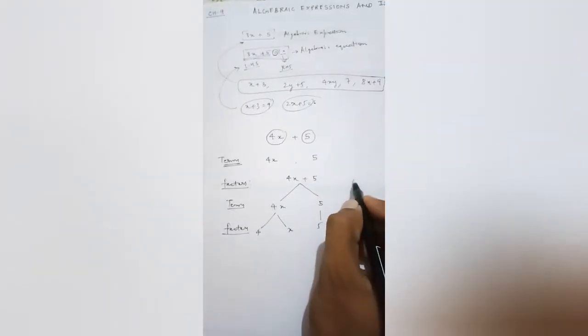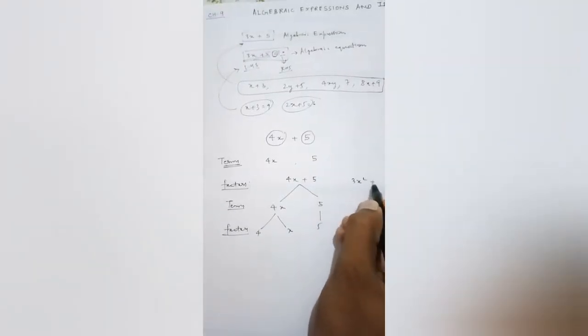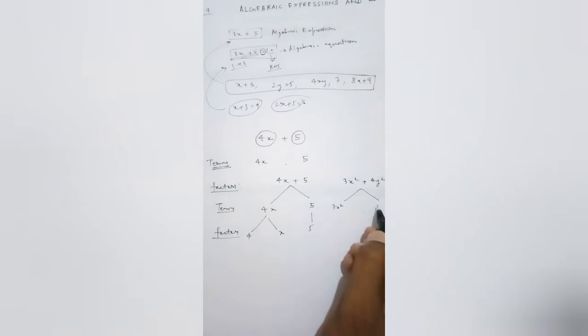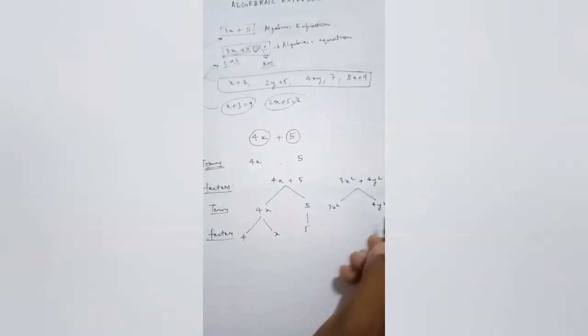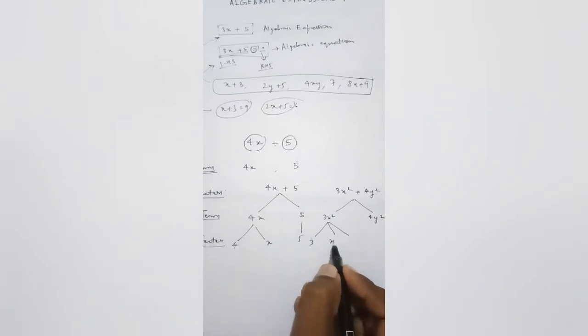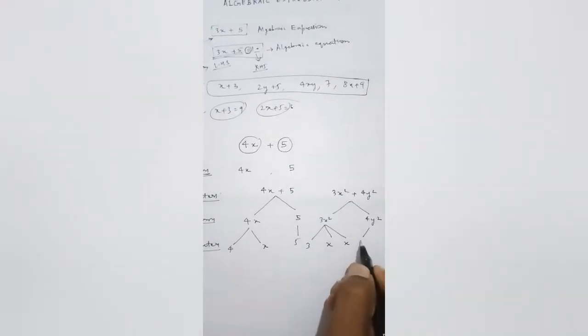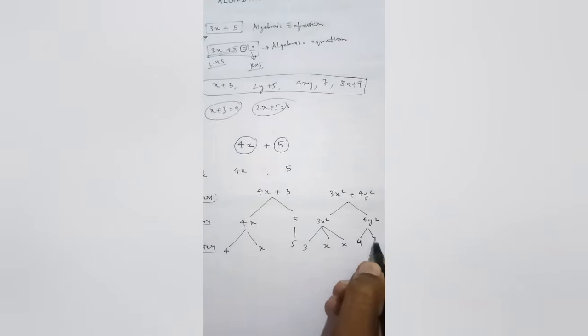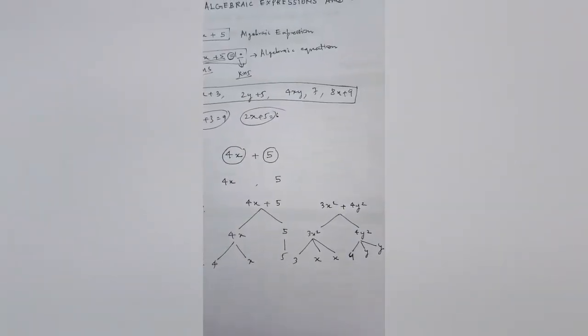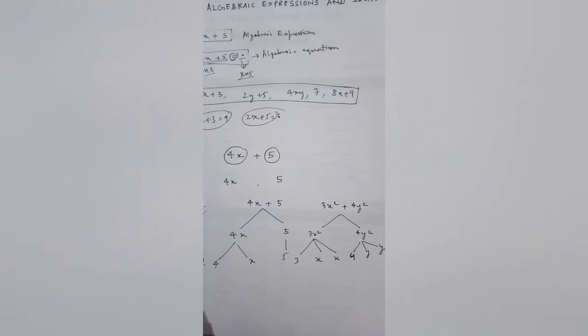If I take another example, 3x square plus 4y square, 3x square is the first term and 4y square is the second term. Now in the factor tree, factors are 3, x, x, 4, y, y. Like this you can find out the terms and factors.